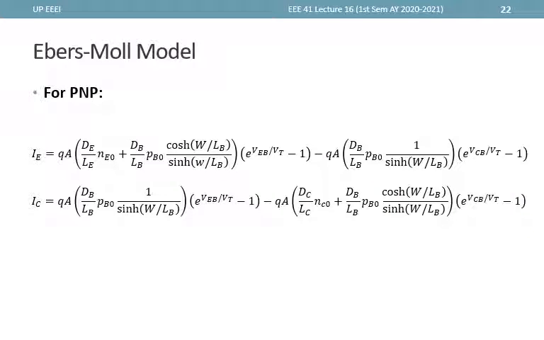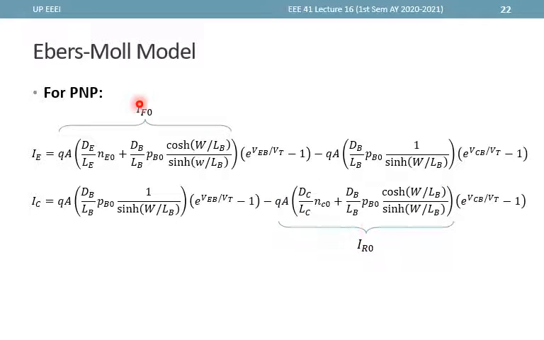So now we'll discuss the Ebers-Moll model, again starting from the emitter and collector currents we have derived. Specifically, these equations shown are for PNP. Now for the Ebers-Moll model, we lump these constants right here as some IF naught, and these constants here as some IR naught.